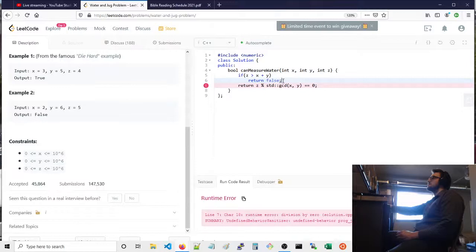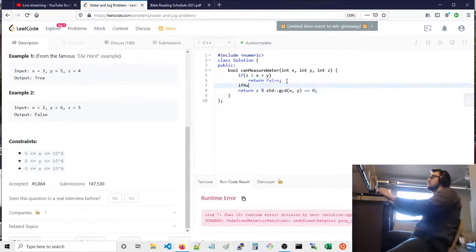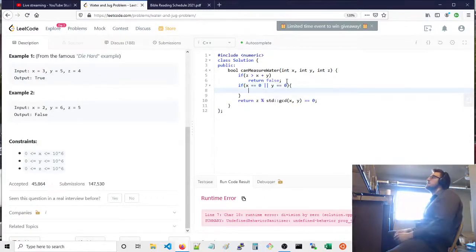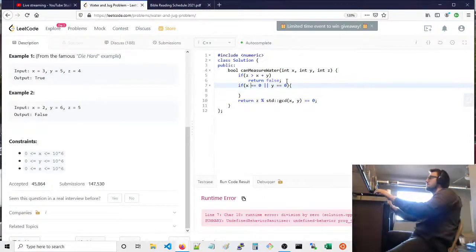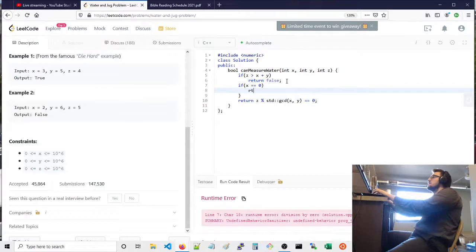If X is 0 or Y is 0, the greatest common divisor, both of those is 0. You really only have a couple of options here, right? If X is 0, then it's got to be that Y equals Z or Z is 0. Y is 0.